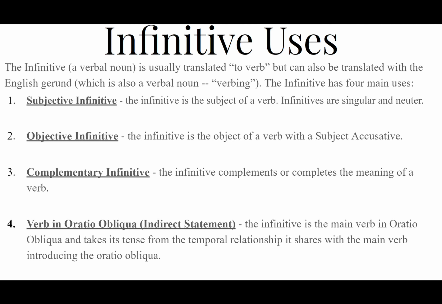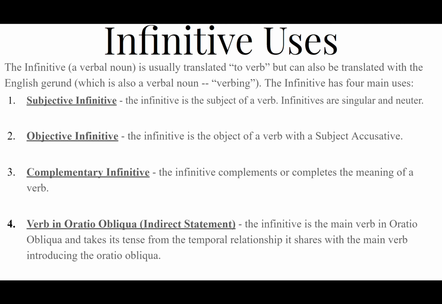The infinitive is a verbal noun, which is usually translated as a verb, but it can also be translated as an English gerund. That is, it ends in -ing, like verbing, which is also a verbal noun. The infinitive has four main uses, three of which I will go over in this video.